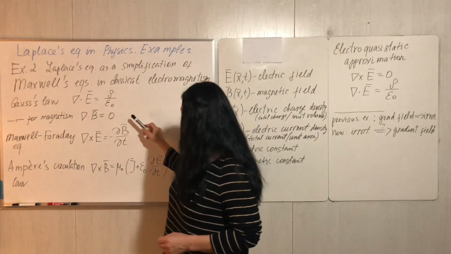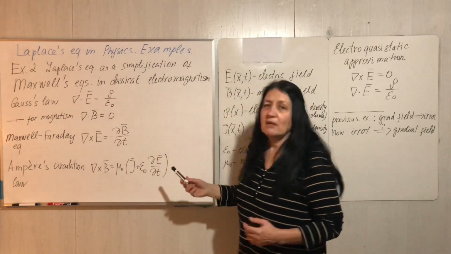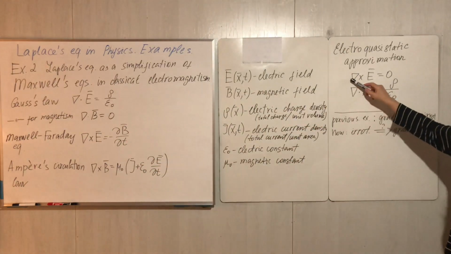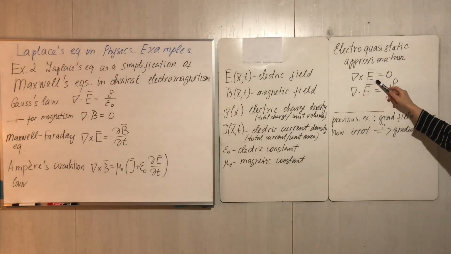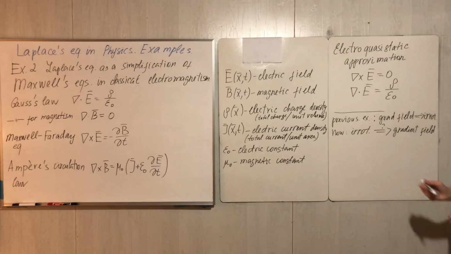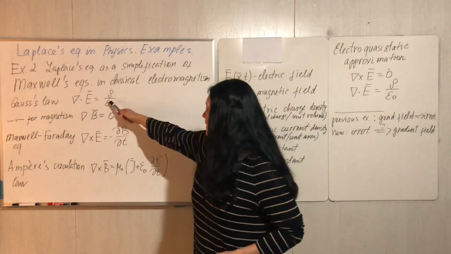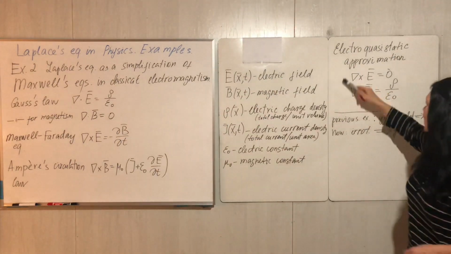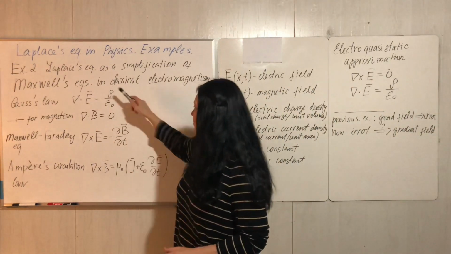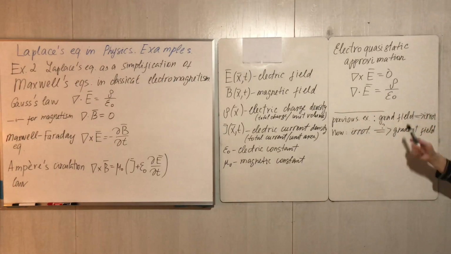So if we assume that the magnetic field changes with time very slowly, then instead of this equation we can write just curl of E equals 0 approximately, and then we have the first equation, Gauss's law, and we can write these two equations, then they are decoupled from the rest of the equations, and we have this simplification.